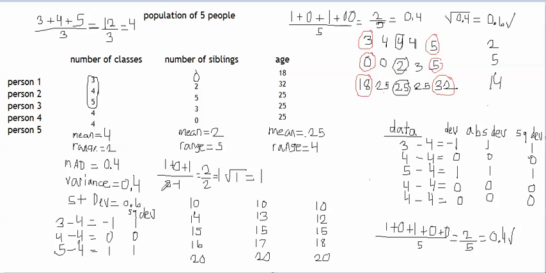When you divide by 1 less, you divide by a smaller number, because 2 is smaller than 3, and by dividing by a smaller number, you're increasing the variance and you're increasing the standard deviation. The purpose of doing that is to bring these values up closer to what the population variance and population standard deviation equal.